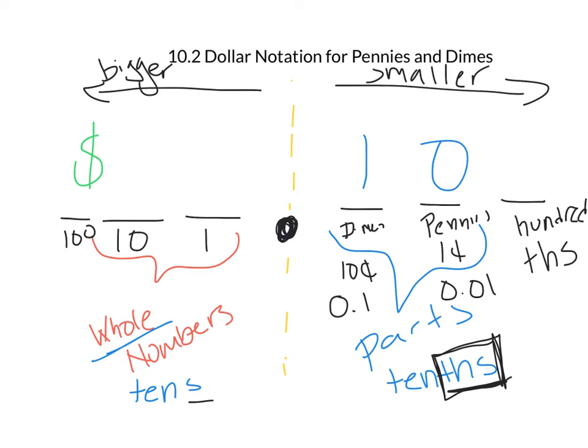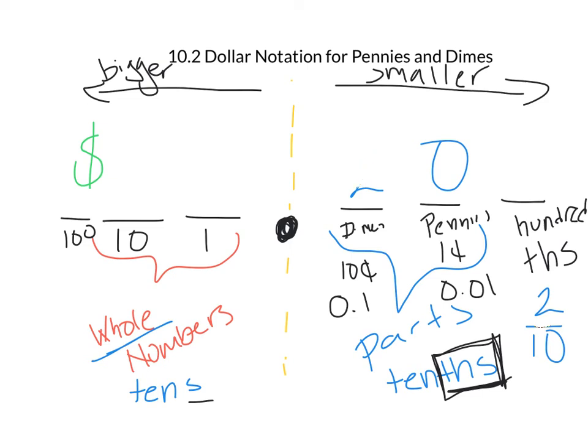Now, 1 dime is 10 cents, or 1/10 of a dollar. If I have 2 dimes, I have 2/10 of a dollar. Whatever I need to get to a whole dollar. 2 dimes is also equal to 20 cents.